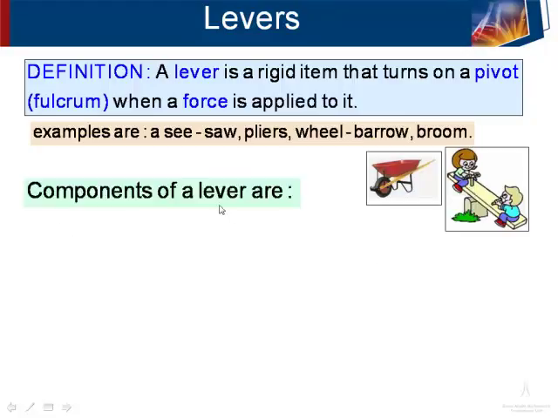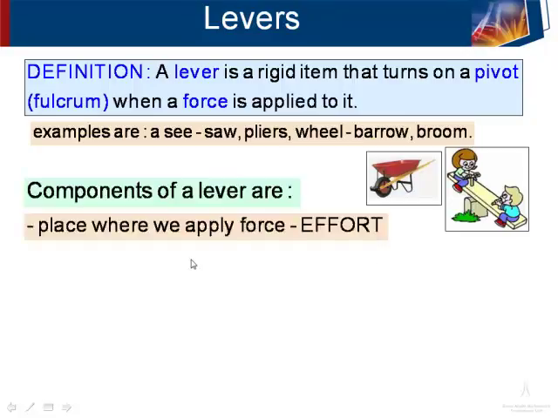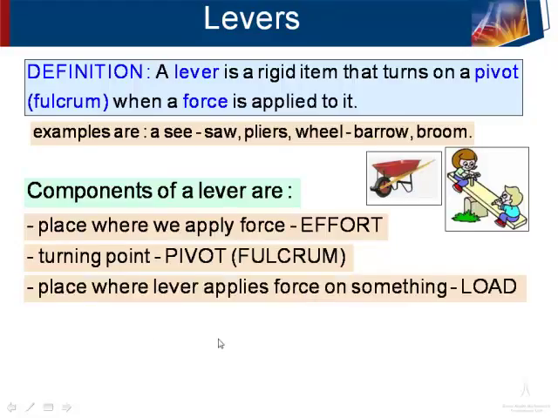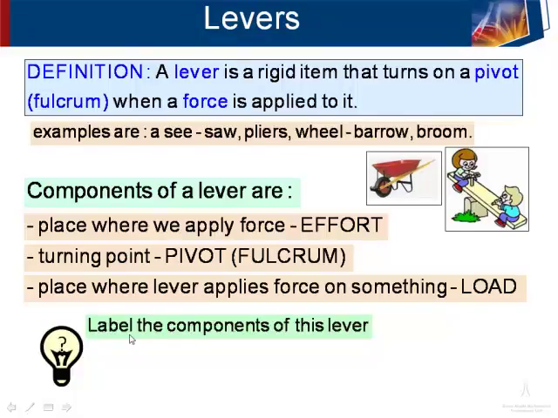Let's look at the components of a lever. First of all, the place where we apply the force is called the effort. The turning point is the pivot or the fulcrum. And the place where the lever applies a force on something is called the load. Let's label the components of this lever.